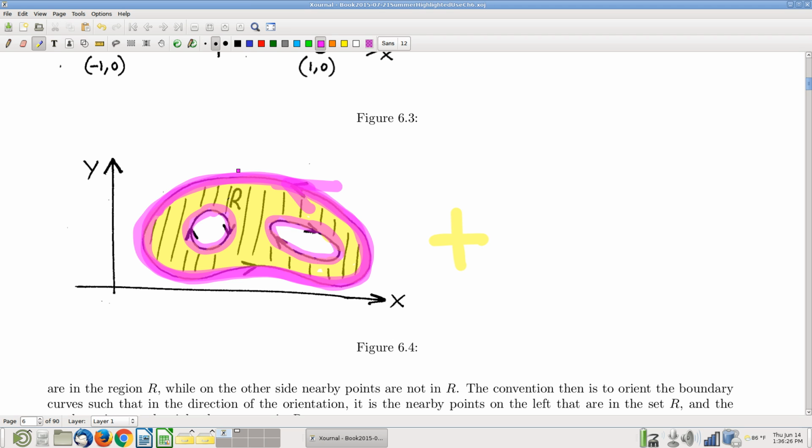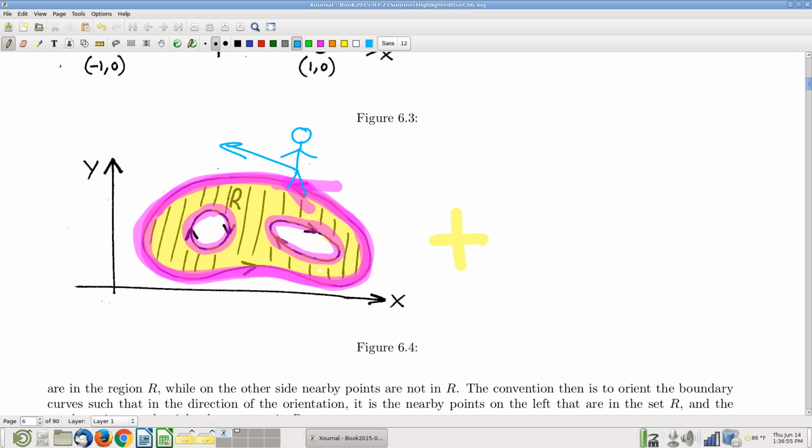But more generally, what you do is you always go in such a direction that as you walk in that direction around the boundary, so here, that's me, right? I'm walking along the boundary that way. As you walk around the boundary, the region whose boundary you're walking along is on your left. That's the rule.